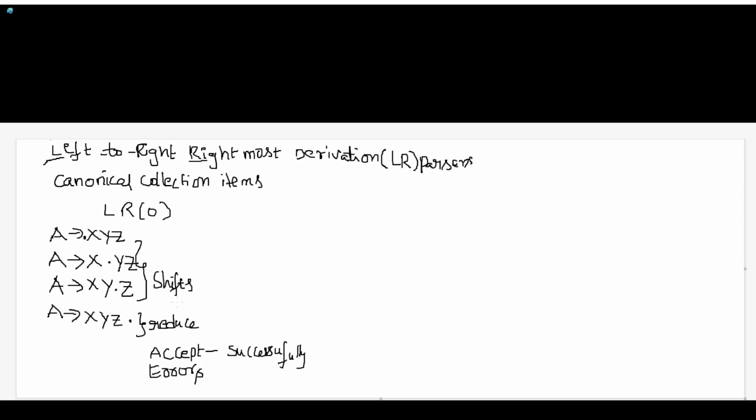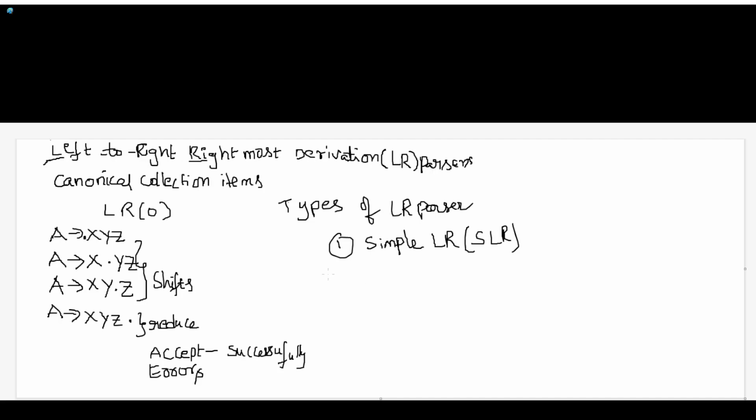Therefore we have these four types of actions for bottom up parsing, for the shift reduce parser as well as LR parsers. Coming to the next stage, how many types of LR parsers do we have? We have three types. The very first one is simple LR, in short form SLR.